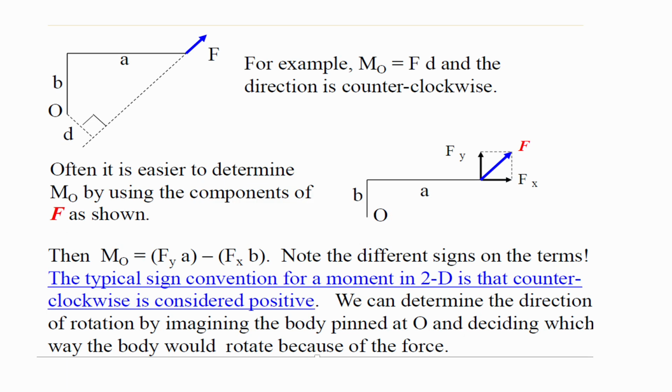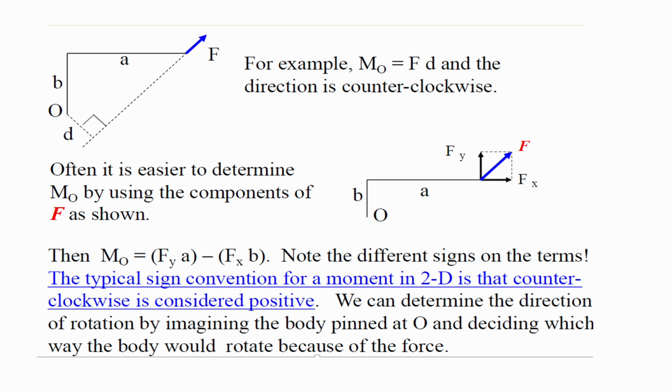In case we have a force, for instance F, and some point O, and we want to determine the moment at point O from the force F, it is easier to split this force F into two components, one in the x direction and the second in the y direction.